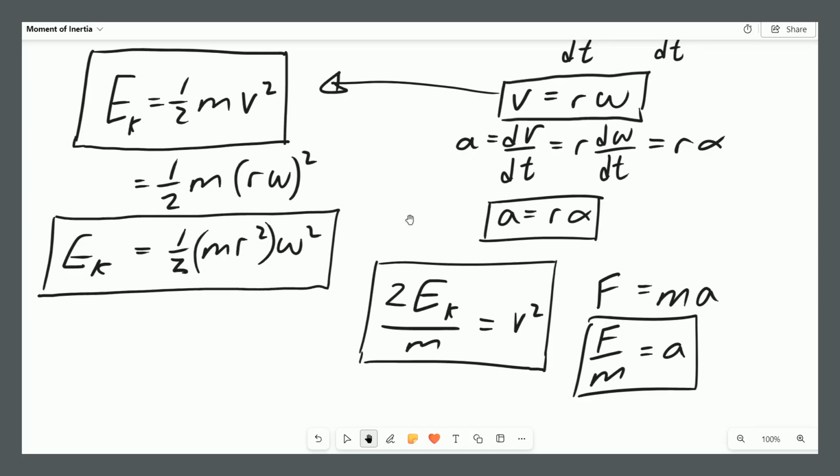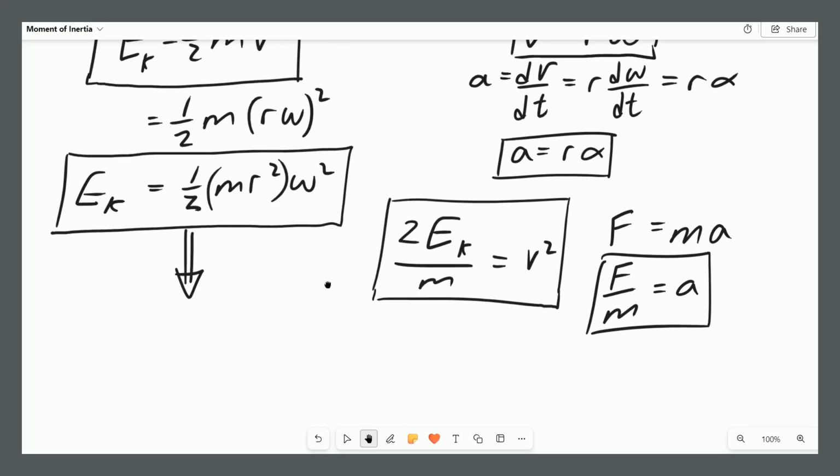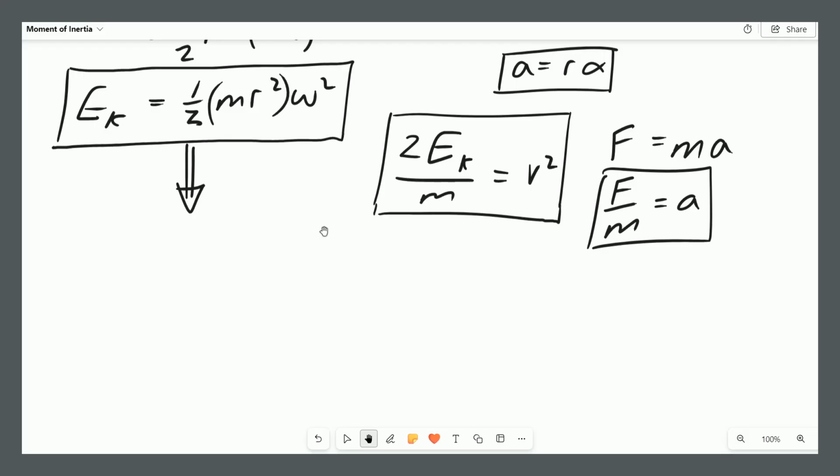And what we see when we write kinetic energy in terms of angular velocity is that if we rearrange this, the greater this mr squared term, the smaller your angular velocity is, given the same kinetic energy. So mr squared seems to play an analogous role to mass.